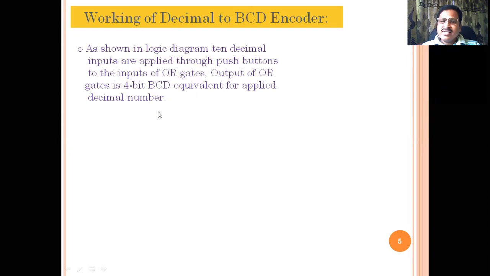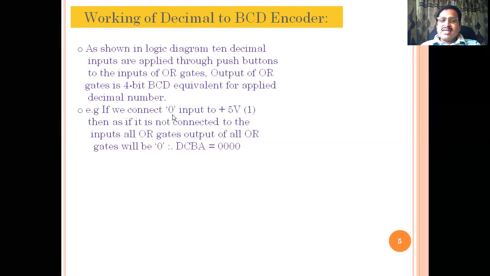Then if we connect decimal 0 to plus VCC, meaning 5 volt logic 1 level, it is not connected to the input of any of the 4 OR gates, therefore all 4 OR gates do not receive the logic 1 level from decimal input 0, so their output remains 0, therefore DCBA will be equal to 0000 as the BCD code for decimal 0 applied at the input.